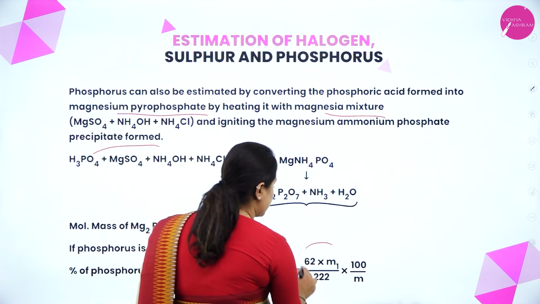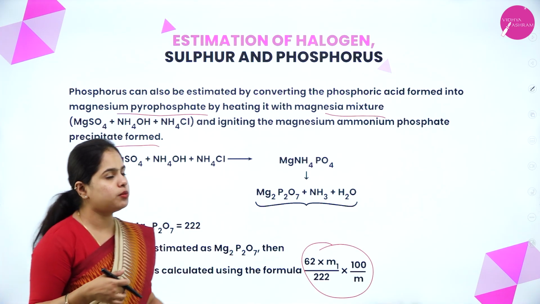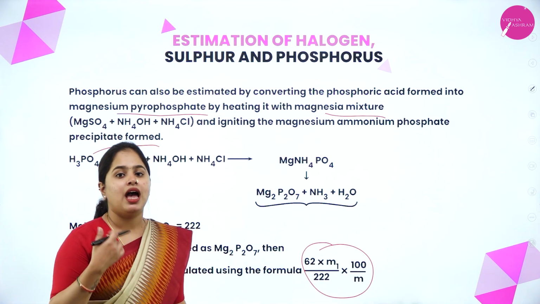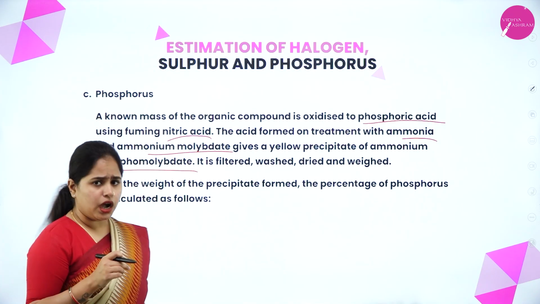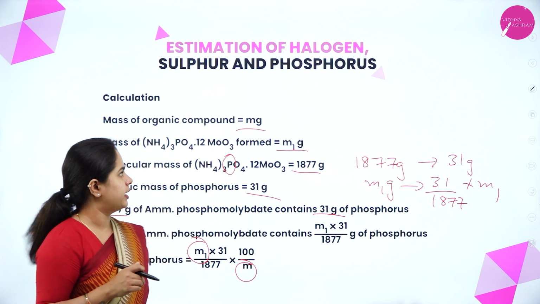So if the phosphoric acid is converted into magnesium pyrophosphate, we use this equation, and if it is converted into ammonium phosphomolybdate, we use the other equation. I hope it is clear.